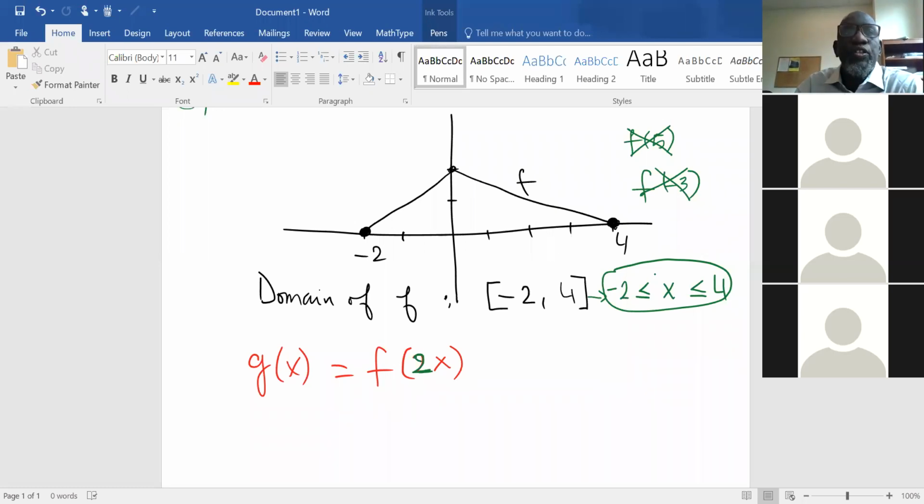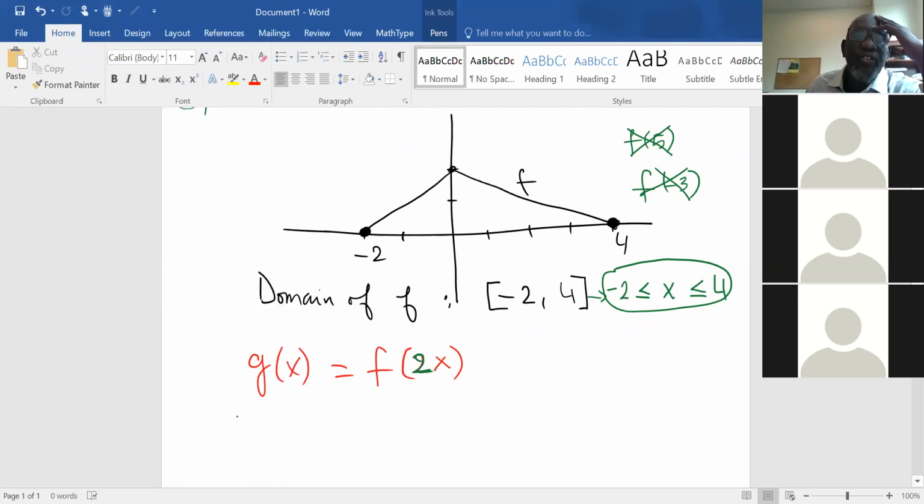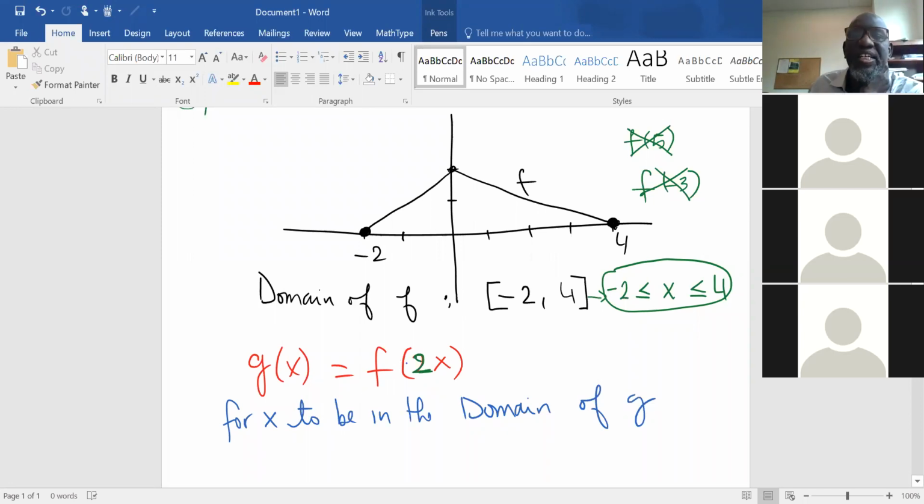Okay, so look, for x to be in the domain of g, the right side has to make sense, right? You agree with me?